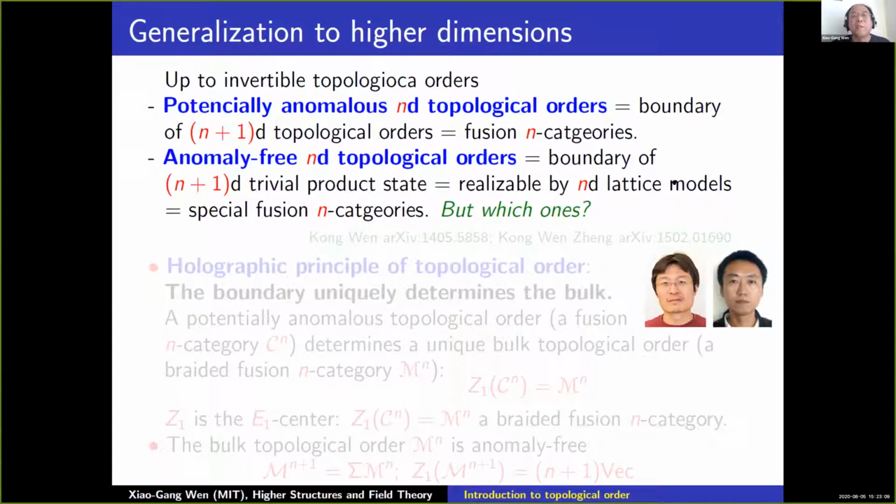From here, we can see that anomaly-free means the bulk is trivial, and anomalous means the bulk is a non-trivial topological order.